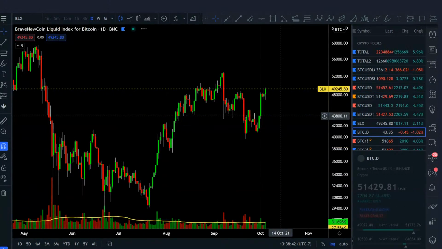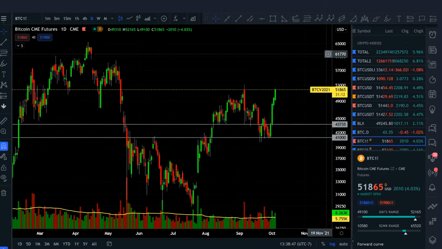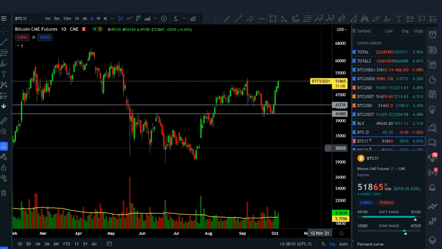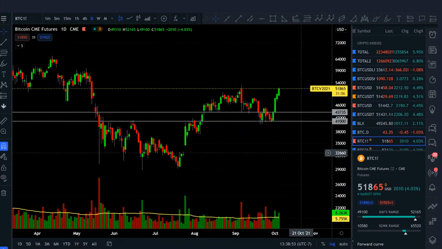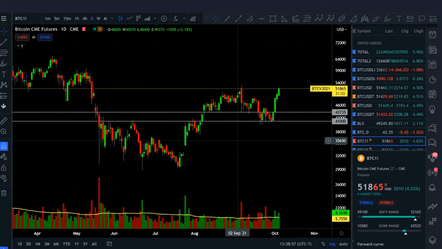Before we even get to Bitcoin, let's look at futures. We have to understand that Bitcoin futures traded on the Chicago Mercantile Exchange here in the USA, CME, are one of the reasons why we've been rallying for 4 days straight.